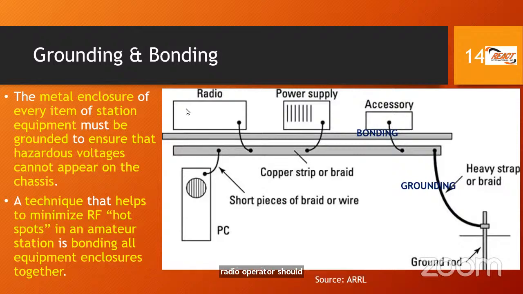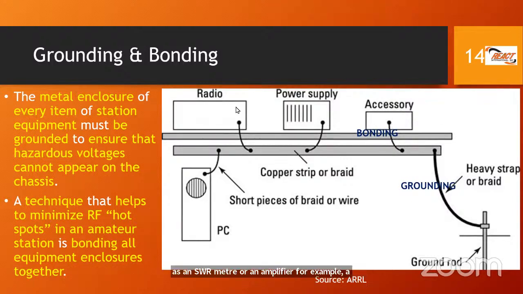Okay, we're still on grounding and bonding. Again, most of our equipment tends to have metallic enclosures, for quite a few reasons as well. But we need to make sure that we ground all of our equipment to avoid hazardous voltages from being present on any of these chassis. So you don't want a hazardous voltage to be on your radio or your power supply or any accessory such as an SWR meter or an amplifier, for example, a tube amp or even a solid state amplifier.